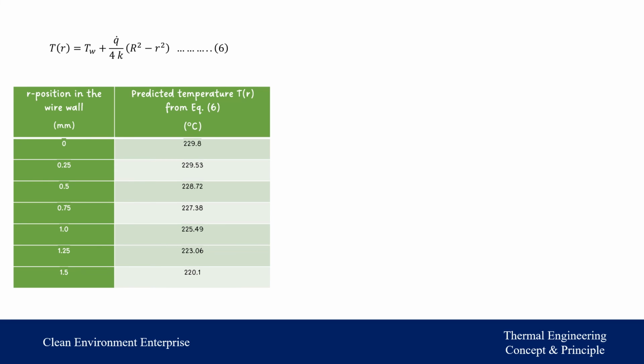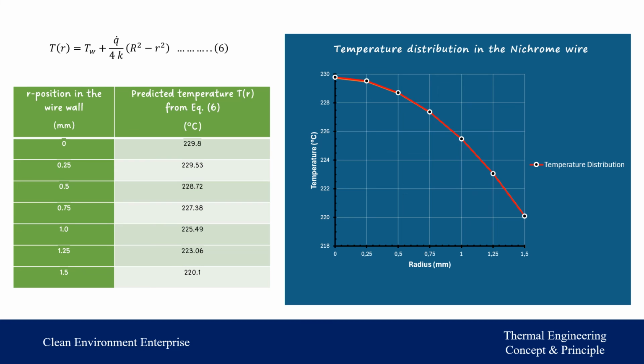And we may plot the results of this table. We have X and Y. X represents the radius and Y represents the predicted temperature.